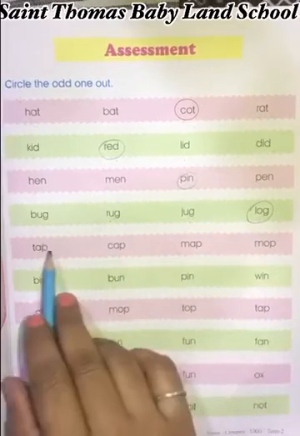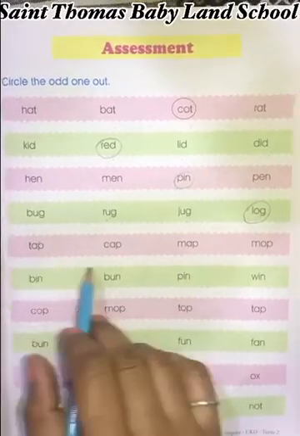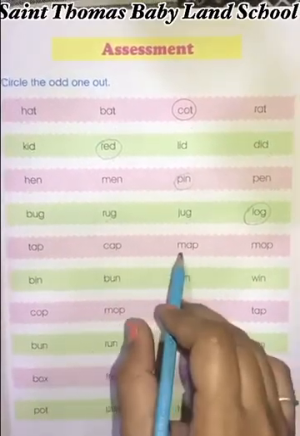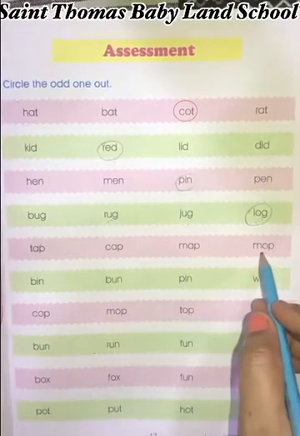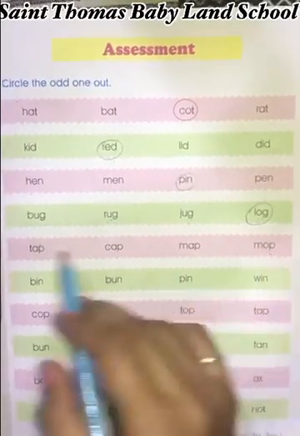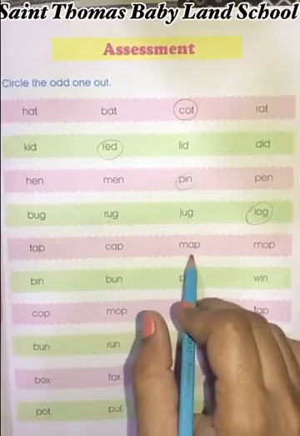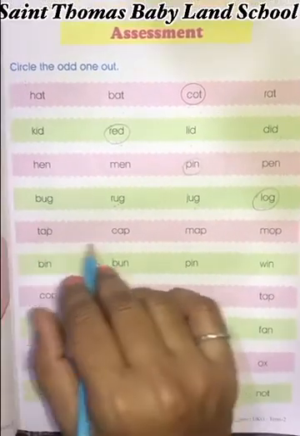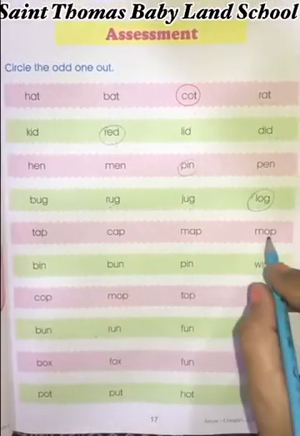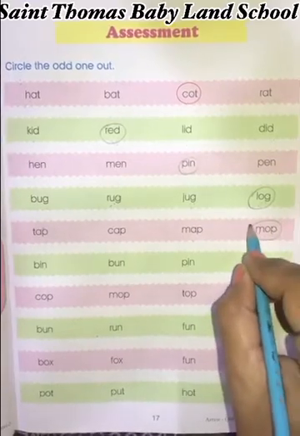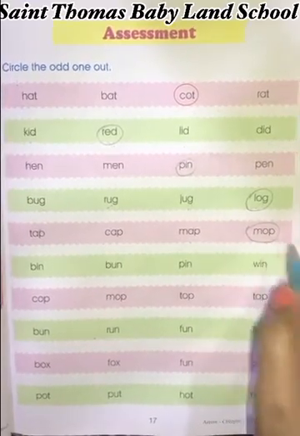Correct? Now next is T-A-P, tap, C-A-P, cap, M-A-P, map, M-O-P, mop. Tap, cap, map, and mop. So circle here. This is odd one word.